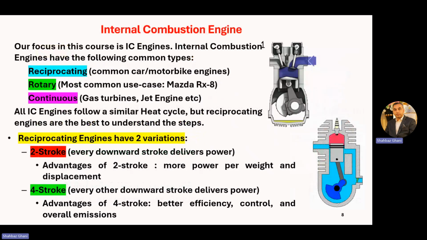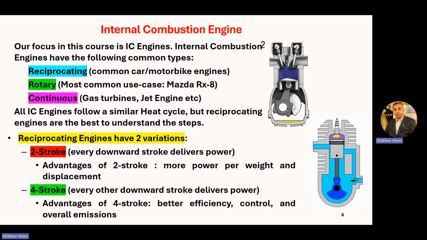Now, our focus, as I already explained to you, is on the internal combustion engine. Internal combustion engines have the following common types: reciprocating, rotary, and continuous. Reciprocating engines are generally found in our cars or motorbikes.